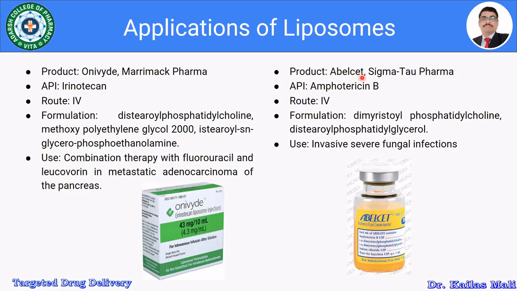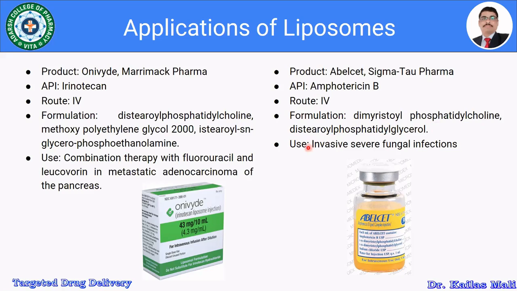Yet another product is Abelcet, which is developed by Sigma Tau Pharma, which comprises the drug amphotericin B. It is given by the intravenous route, and it is formulated using dimyristoyl phosphatidylcholine and distearoyl phosphatidylglycerol.